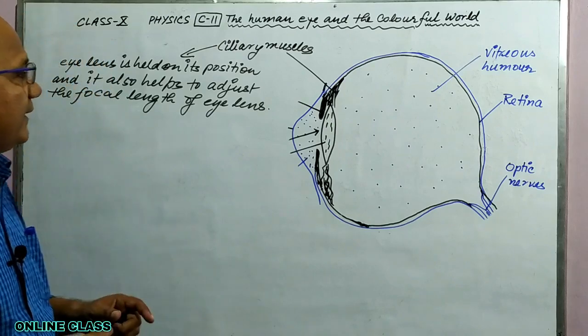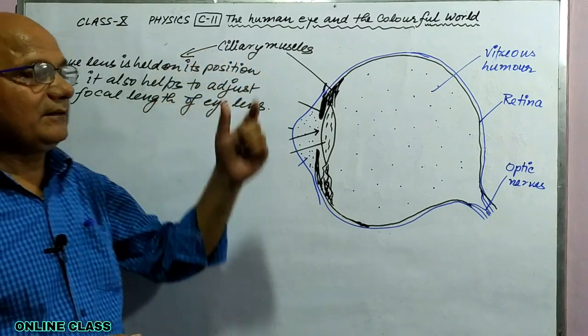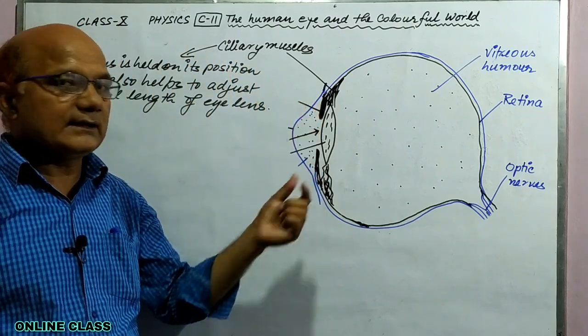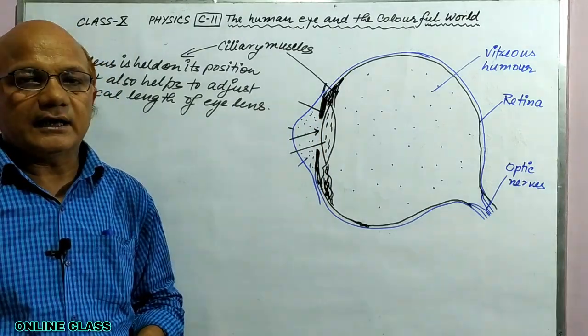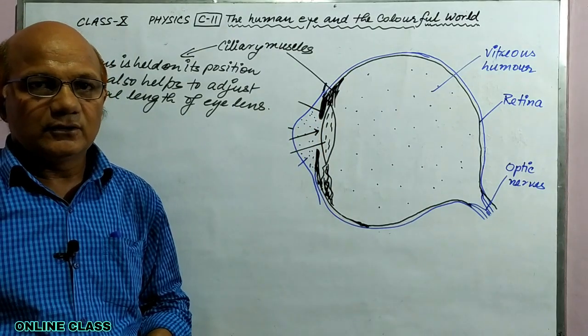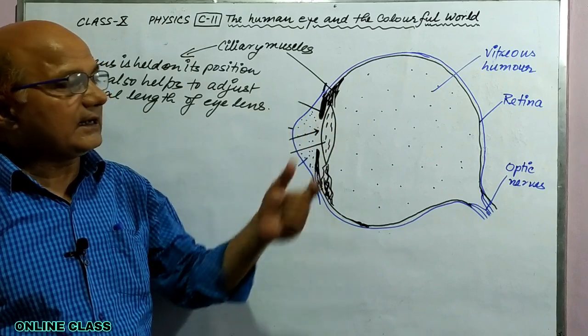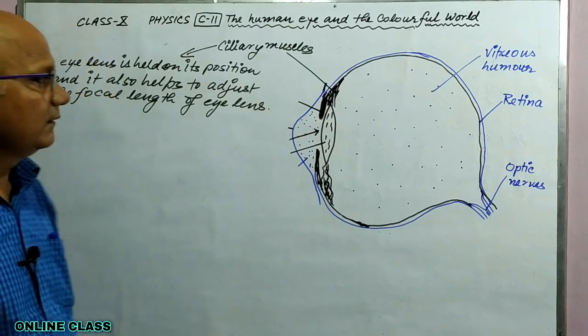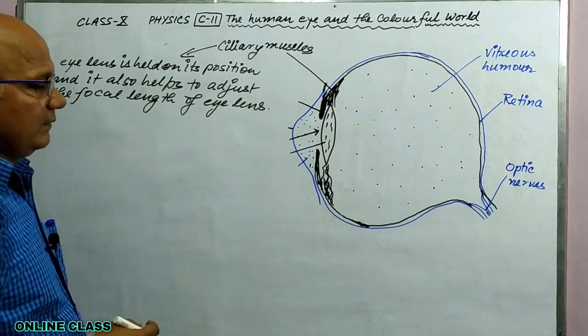So, in this way, with the help of ciliary muscle, the focal length of eye lens can be changed in order to form the image on retina. Okay. So, it has a very important role.